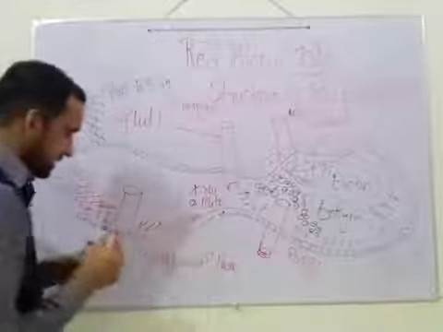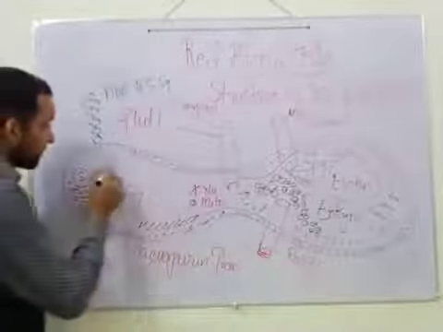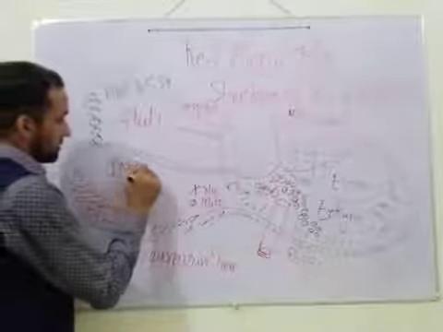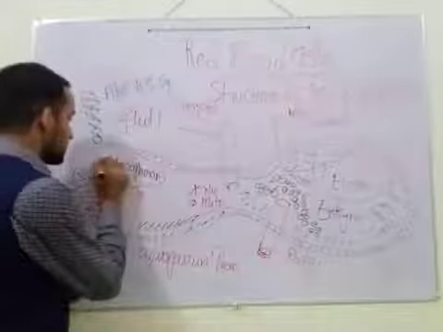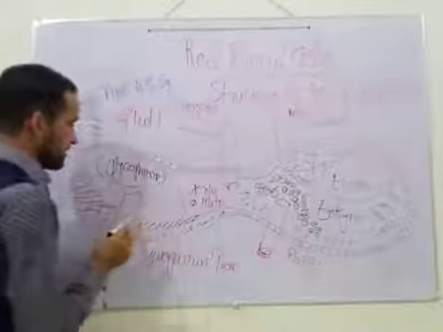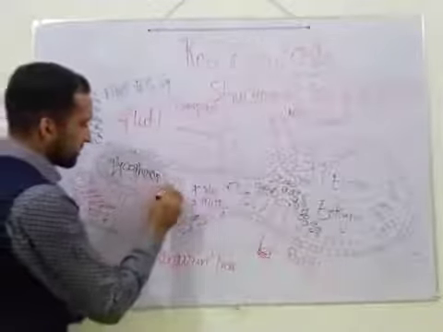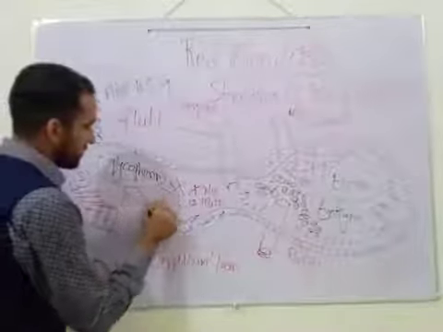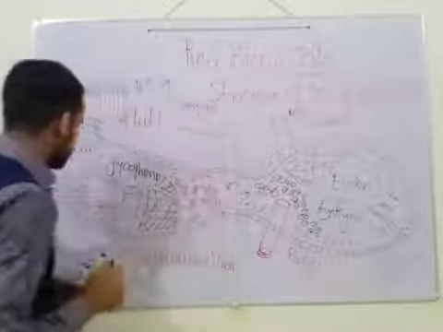There is another specialized type of protein, that is glycophorin. This is also present in the red blood cell and makes up the skeleton or the body of the red blood cell. For example, this is the glycophorin protein which is present in the red blood cell.